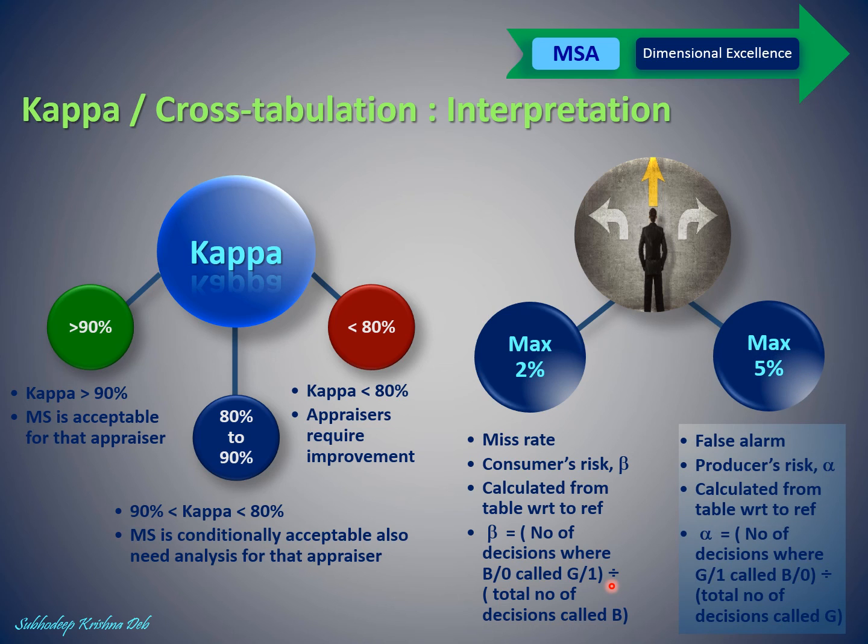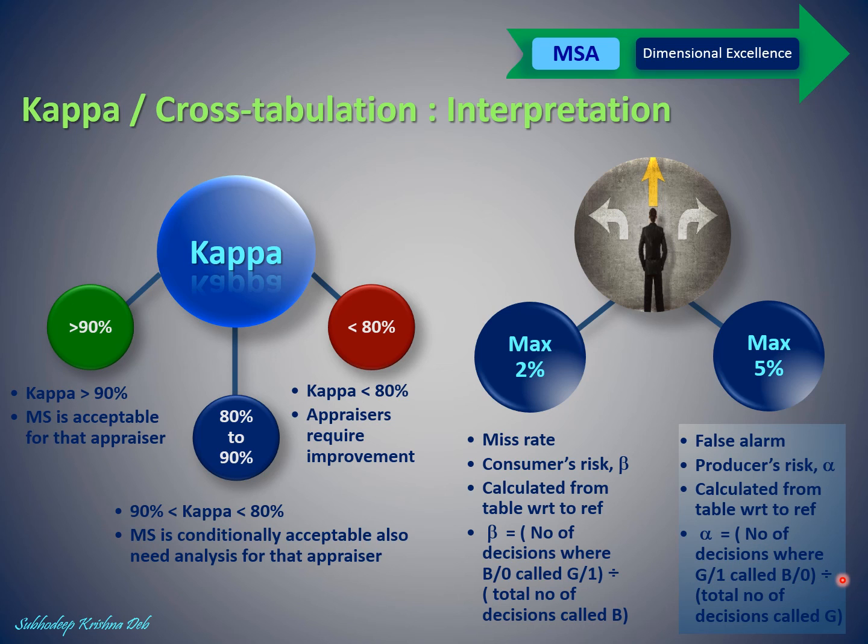Similarly, for the false alarm, the maximum acceptable limit is 5%. So false alarm, as we have discussed, is the producer's risk, and it is also calculated from the table with respect to reference. So alpha is given by the number of decisions where good is called as bad.